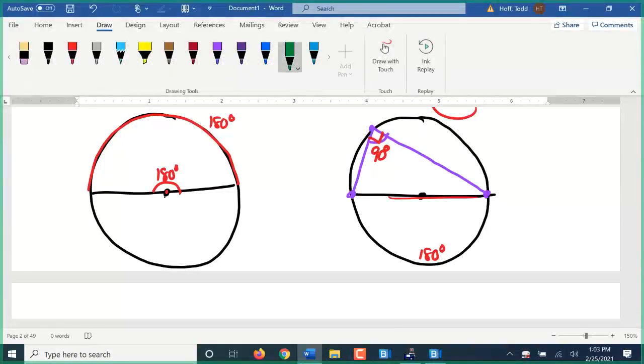Any inscribed angle that's inscribed on a diameter has to be a right angle. That would be a right angle. Up here would be a right angle. Any inscribed angle inscribed with its sides on the endpoints of a diameter has to be a right angle.